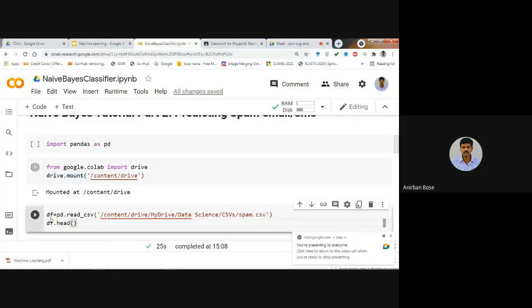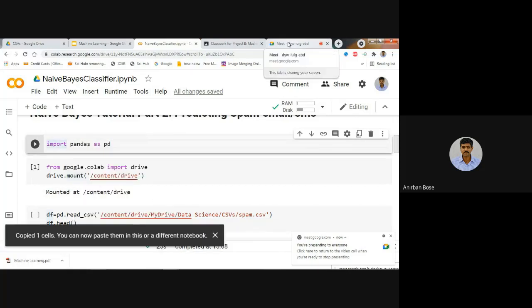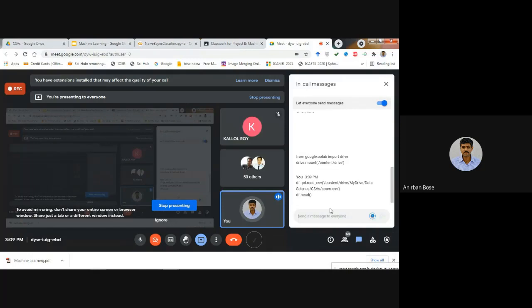Before loading the spam file, better you import pd, otherwise there will be an error. Import pandas as pd.